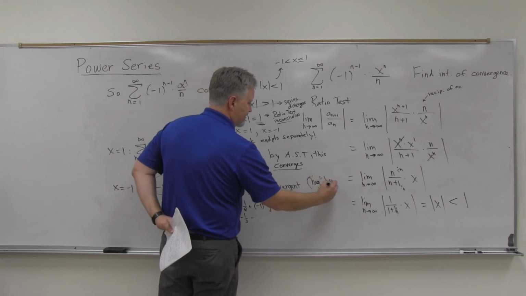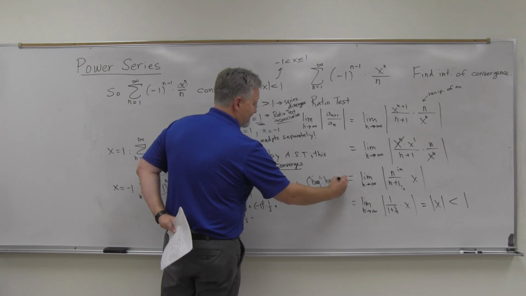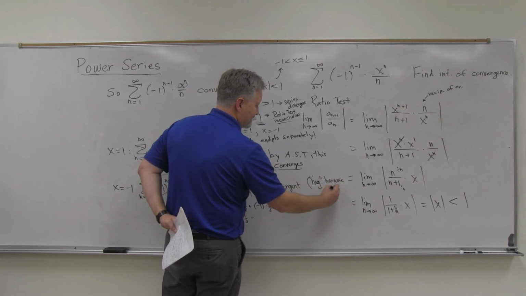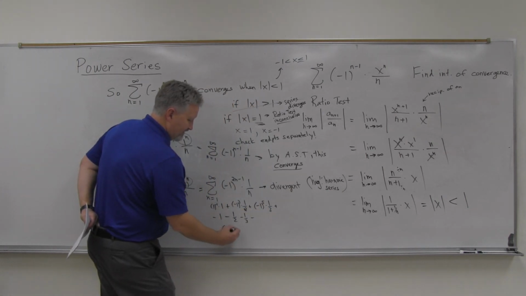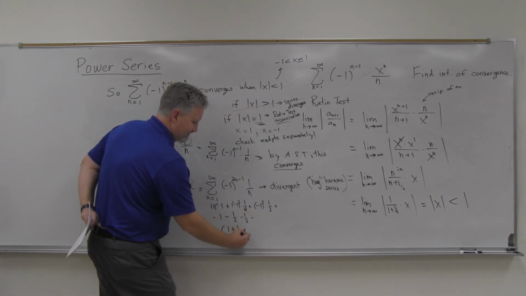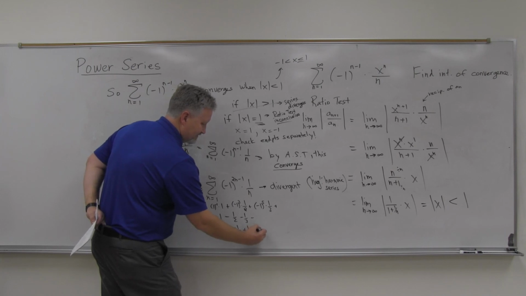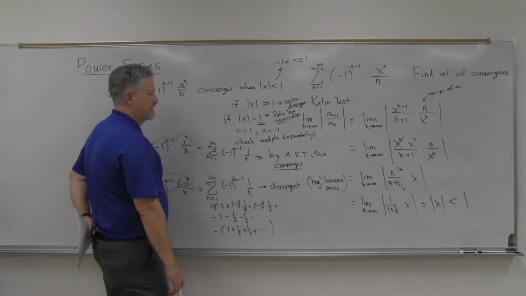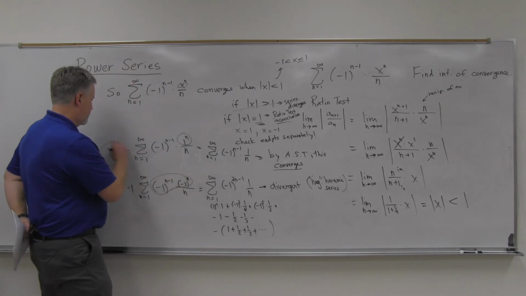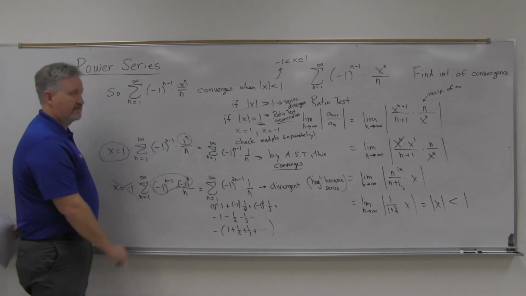So it's the negative harmonic series. Basically, if you factor off a negative 1, you've got the harmonic series right here, and that definitely is divergent. So it turns out the 1 is convergent, the negative 1 isn't.